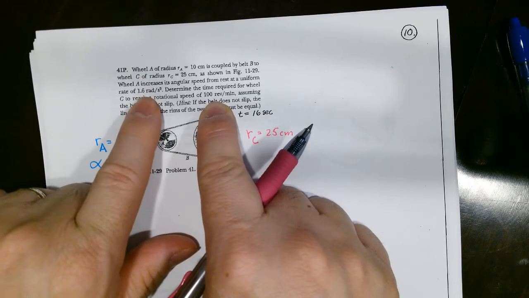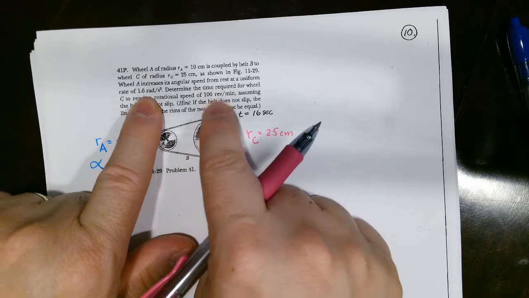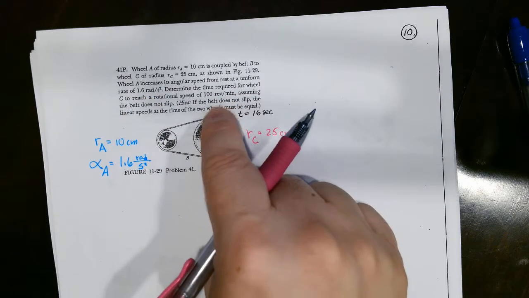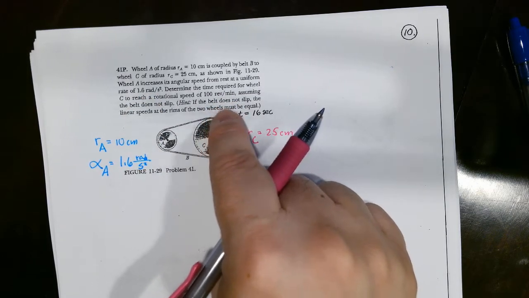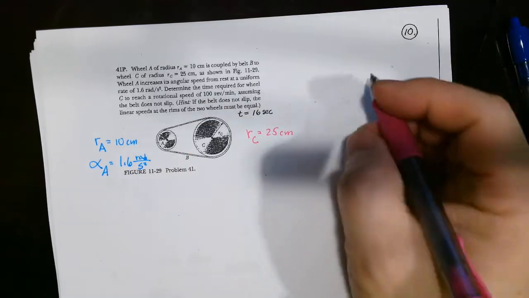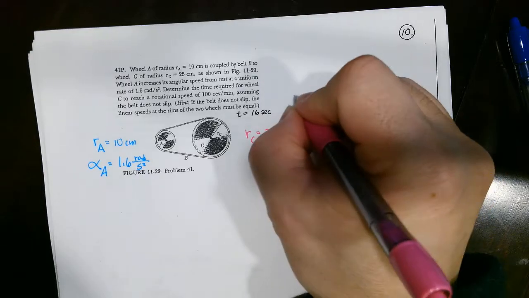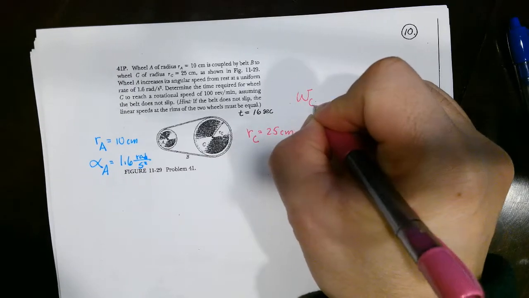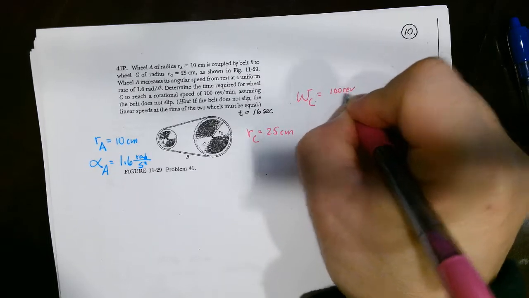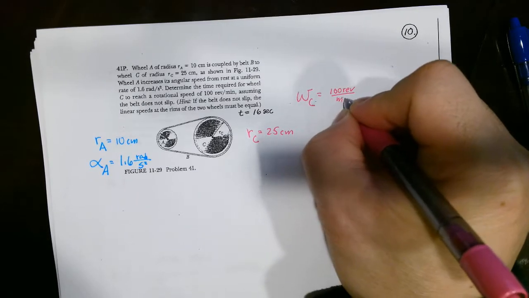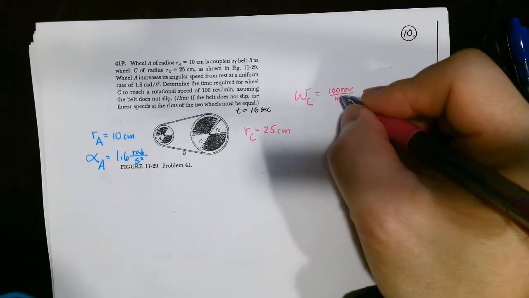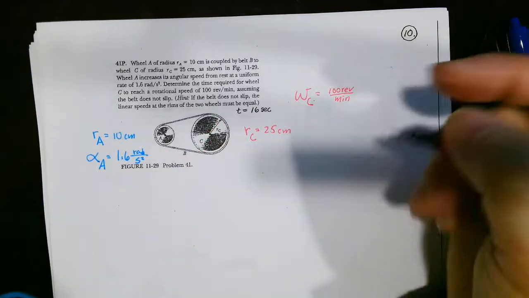Well, now look at this. Here we have radians per second squared. Here we have revolutions per minute. We have mixed units here, right? We're screwed. So we have to be careful with this. Since we know omega C happens to be 100 revolutions per minute, we can convert this into radians per second.